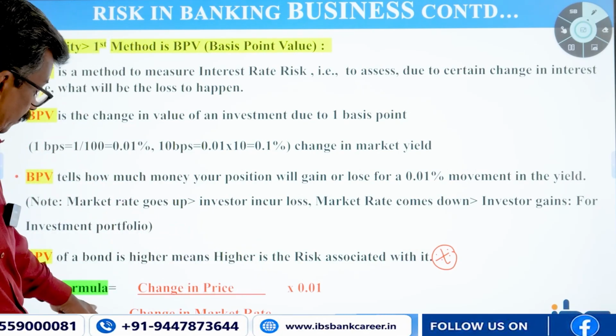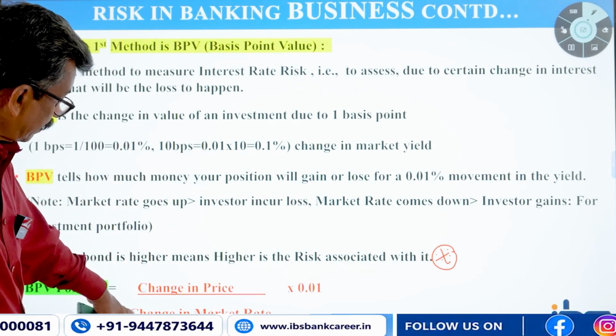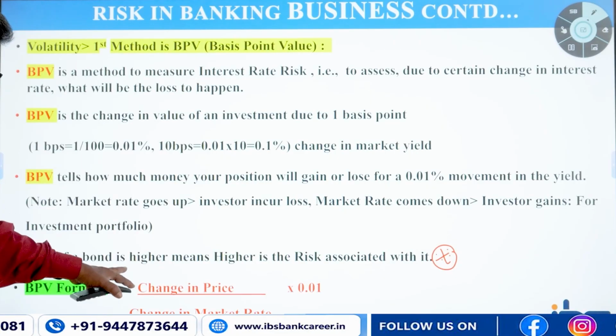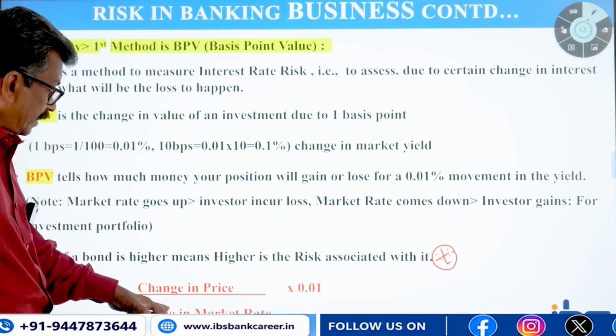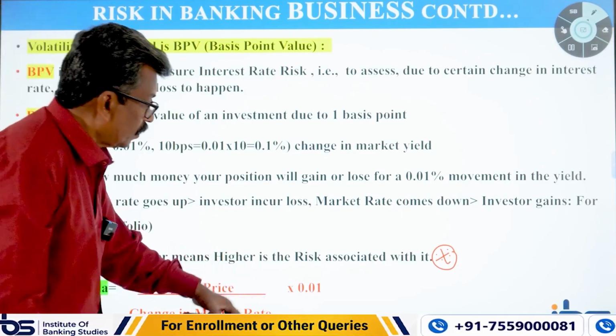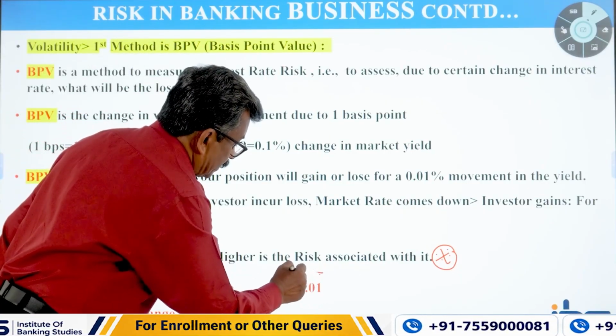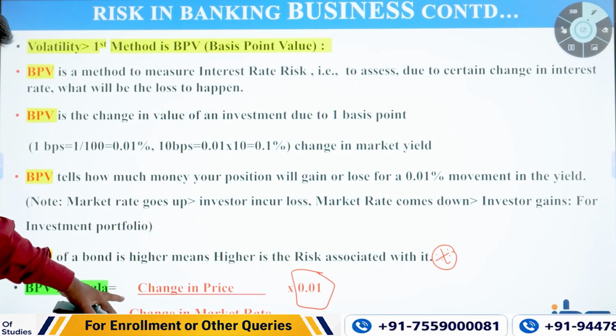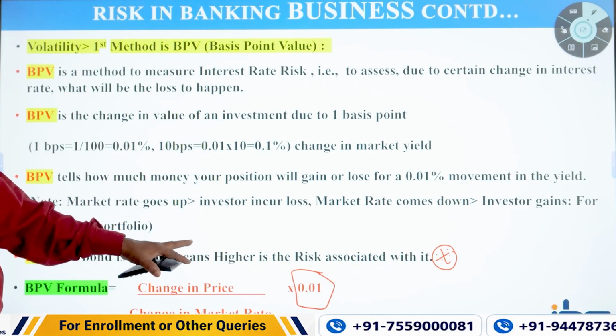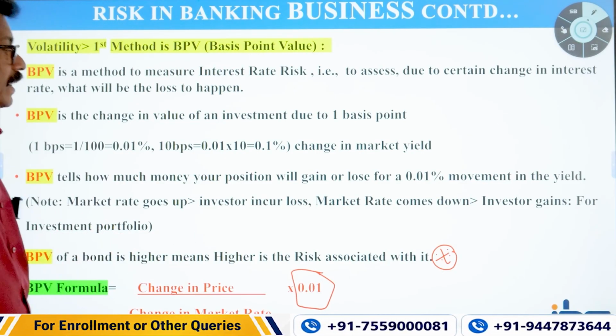What is the formula for BPV? Change in price divided by change in market rate, both are changes, into 1 basis point, which is 0.01. So BPV equals change in price divided by change in market rate into 0.01. This is the formula you need to learn by heart.